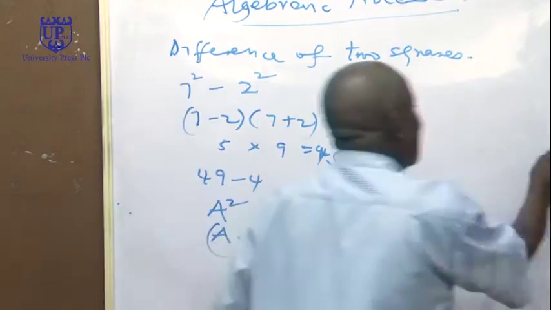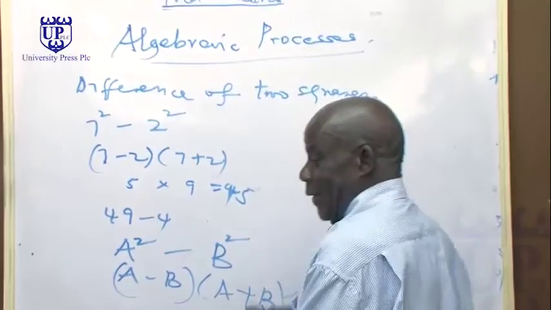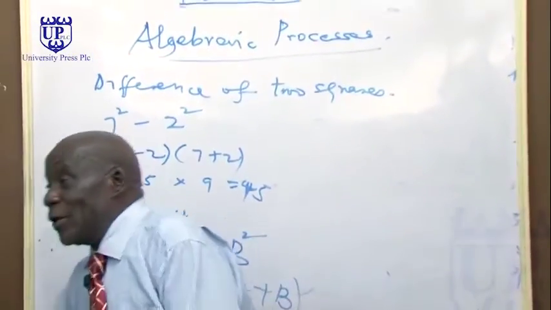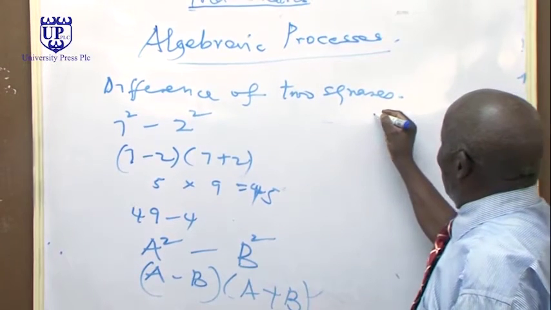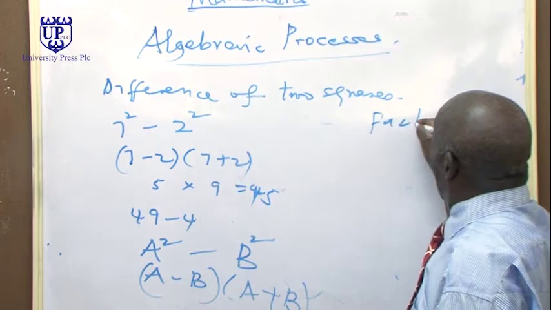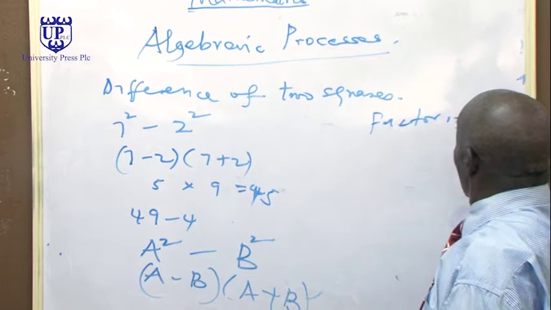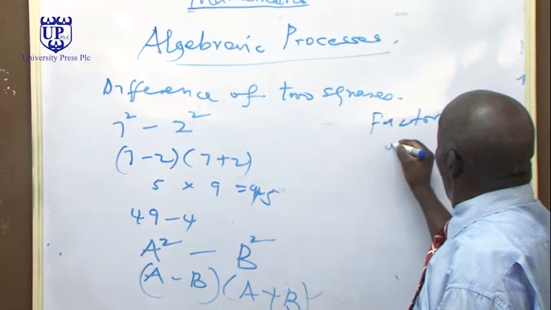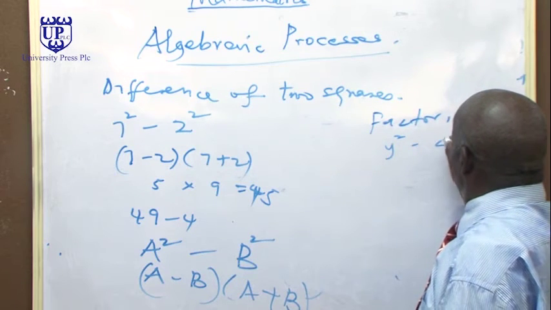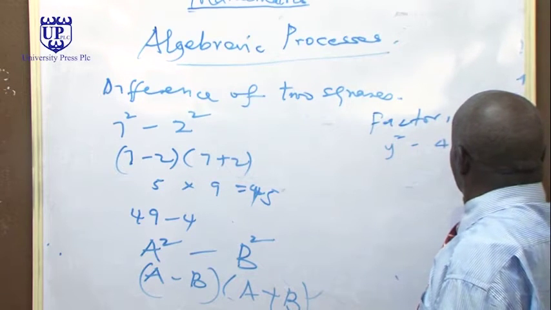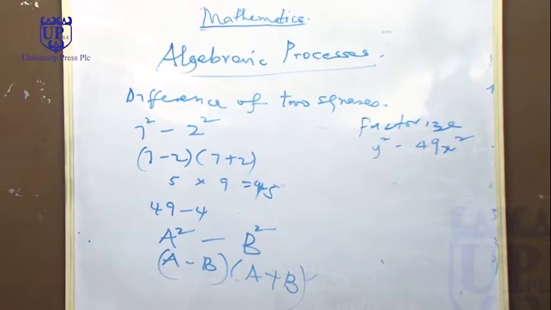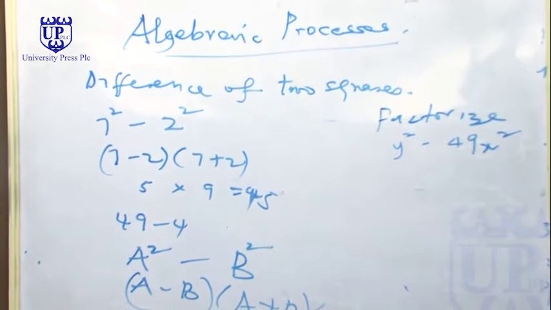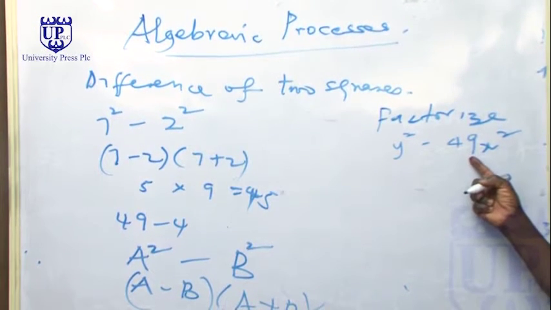Let's look at this. Then we have to factorize. Because it's very common when you see a question, some of you will be thinking, what do they mean? Look at this. They say factorize y squared minus 49x squared. 49 is a perfect square.